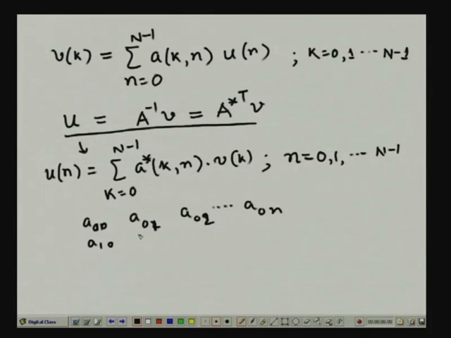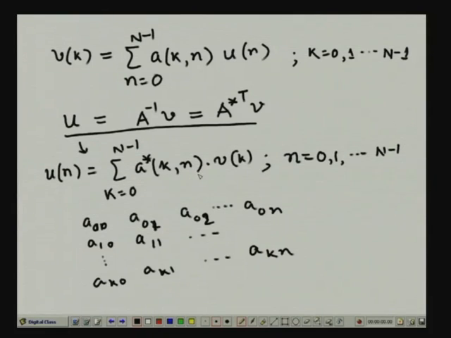Then A 1 0, A 1 1, and so it will go like this, and finally I will have A k 0, A k 1, up to A k n. Now, find that in this expression we are multiplying A k n star, which is the conjugate of A k n, by v k.